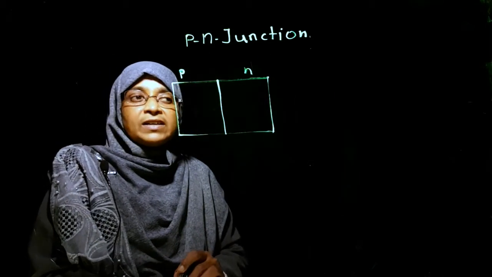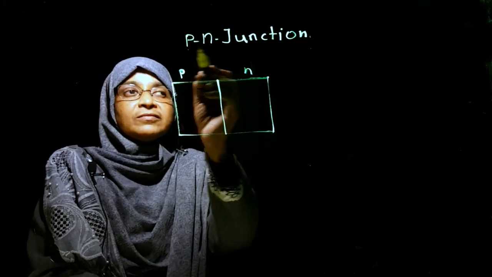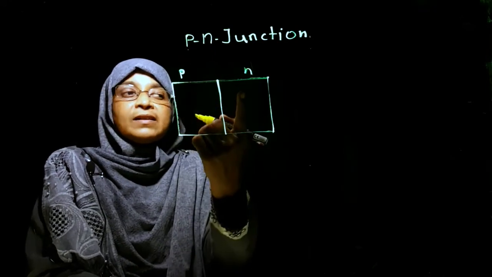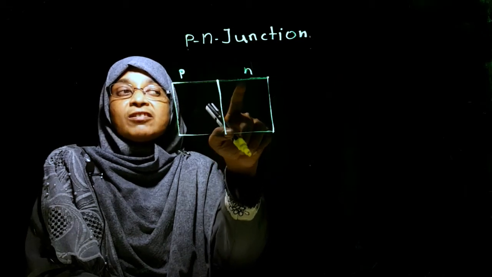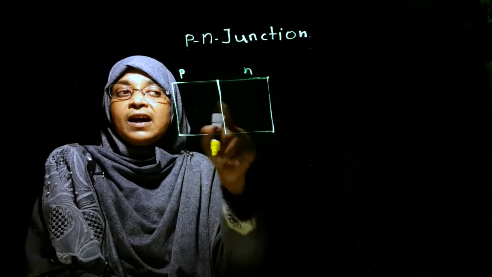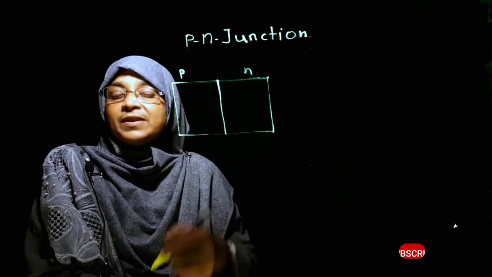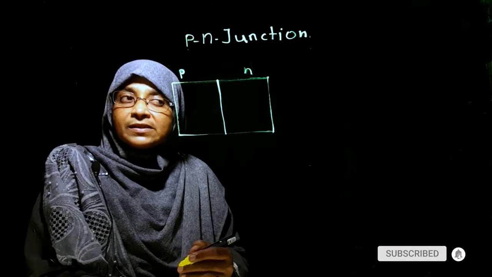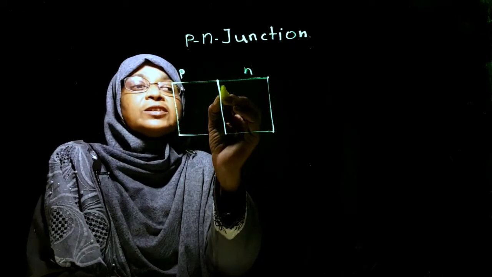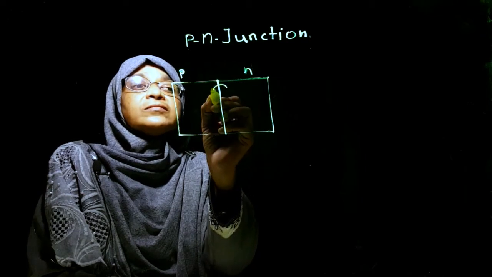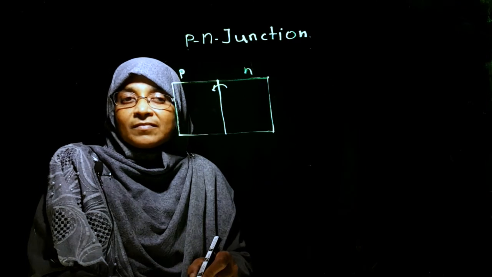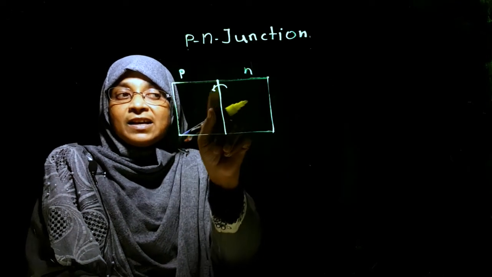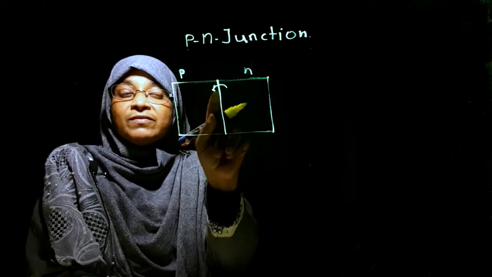Now let's see what happened in this junction. We know there are excess free electrons in the n side, and there are holes in the p side. So what will happen? Electrons jump to the holes, and then these electrons recombine with the holes.